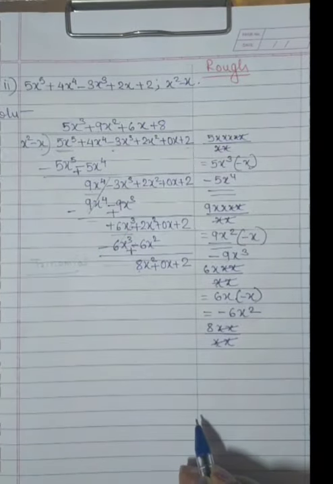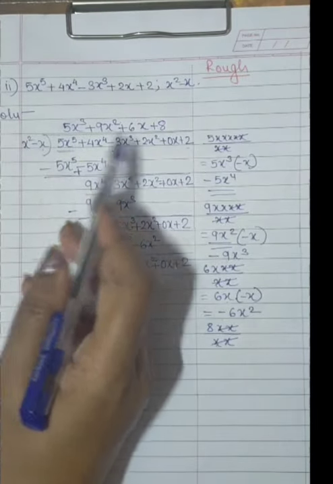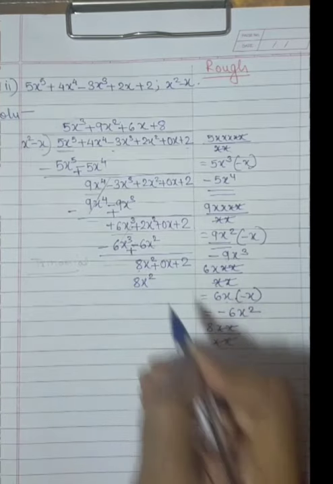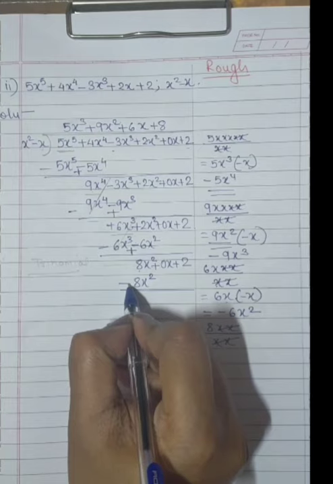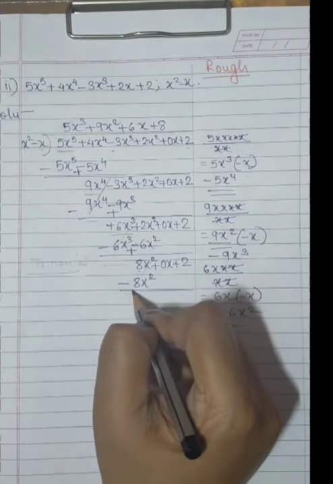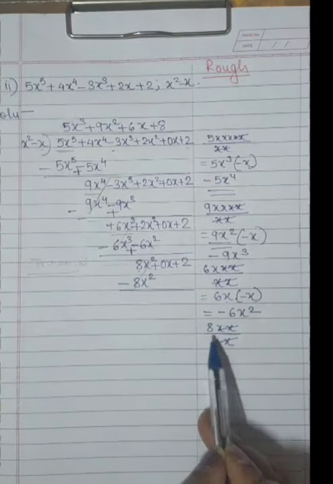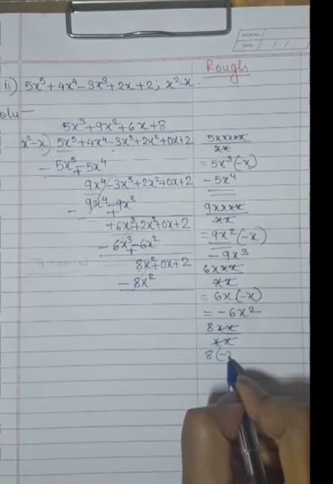I hope you are understanding. When we multiply this both, x² multiplied by 8, we will get 8x². Again here the sign will change. Minus will come, plus minus, both get cancelled. Now we have to multiply this 8 with minus x.